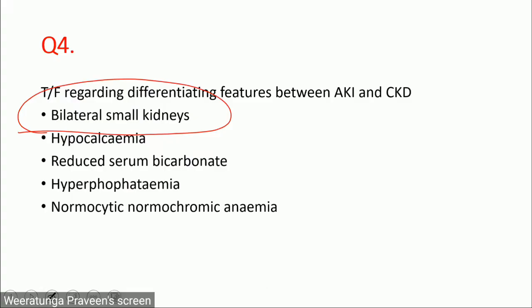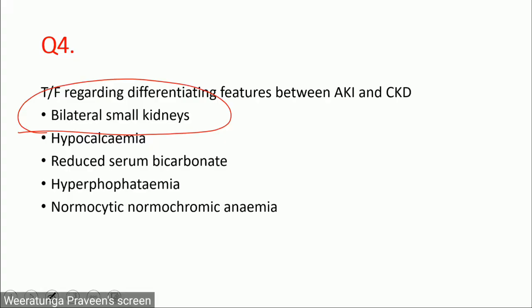If the ultrasound scan shows small contracted kidneys, that is CKD, no question. But some of the other things like renal anemia, renal bone disease, calcium, can occur in slightly prolonged AKI also, right? So be careful when you're answering these sort of questions, right?